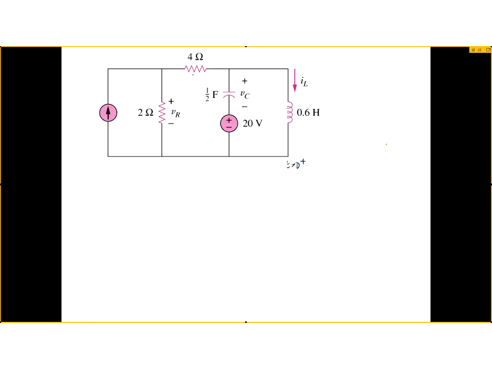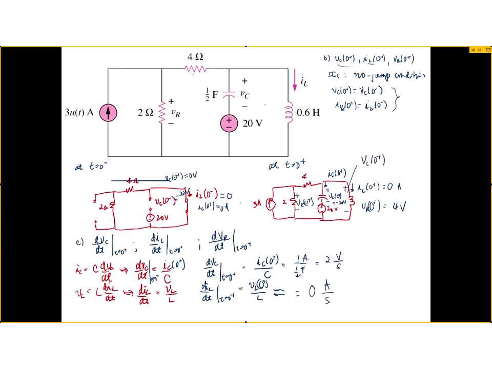That's why we have this whole room, okay? So it's dVR/dt at t equals 0 plus. How do we find this? In fact, if the problem was asking us to find, let's say, dic/dt, we would be in trouble also, right? Because we don't have anything that involves dic/dt.